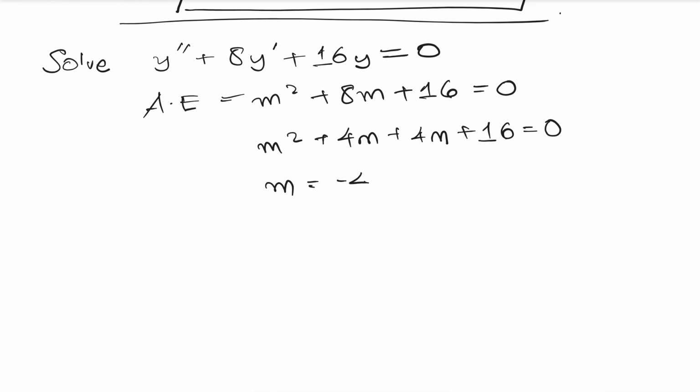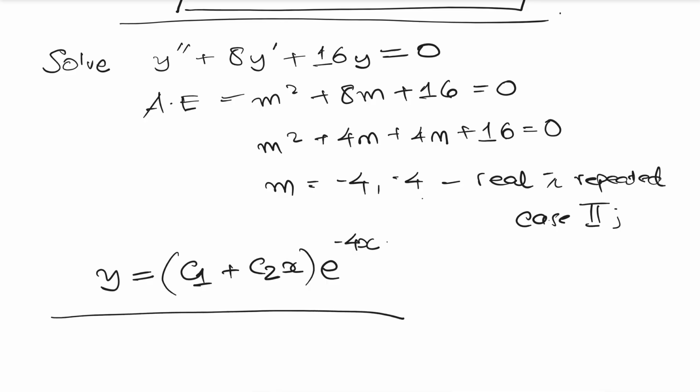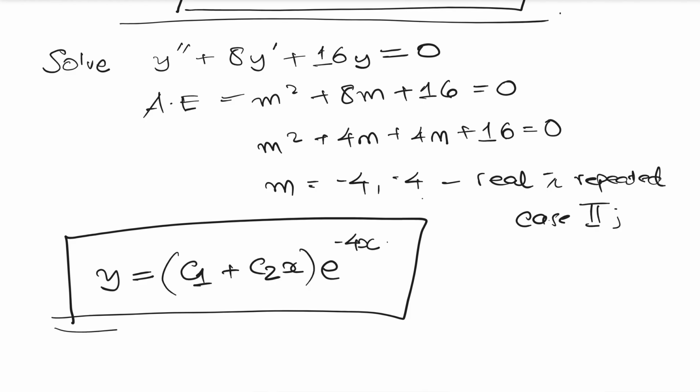The roots are minus 4 and minus 4. Roots are real and repeated. This is a case 2 scenario. By now you should know what the equation will be. The general solution will be y is equal to c1 plus c2 x, times e to the power minus 4x. Doing more questions will make you more familiar with these concepts. So we'll go to another example.